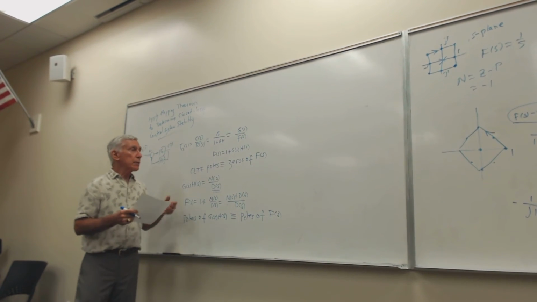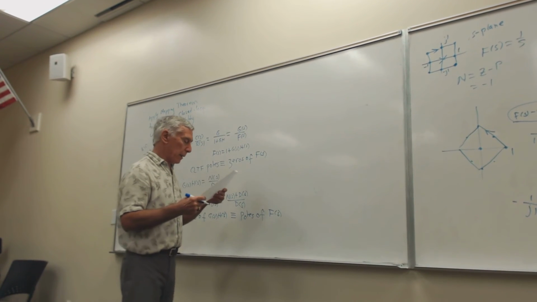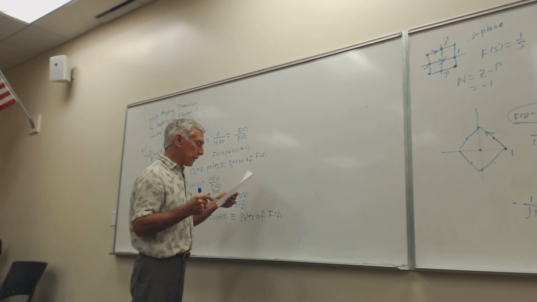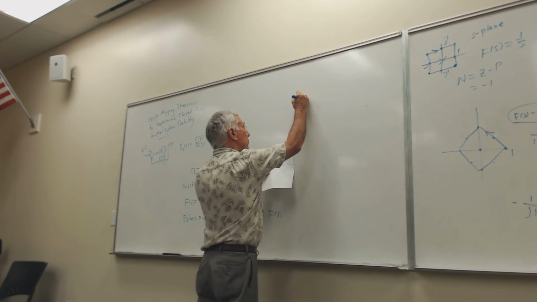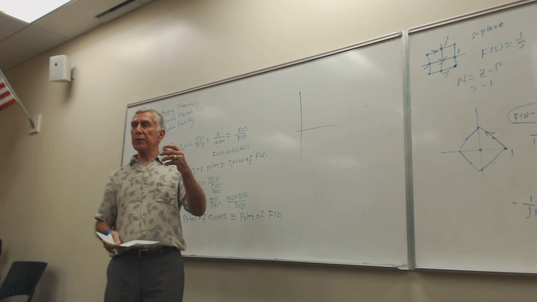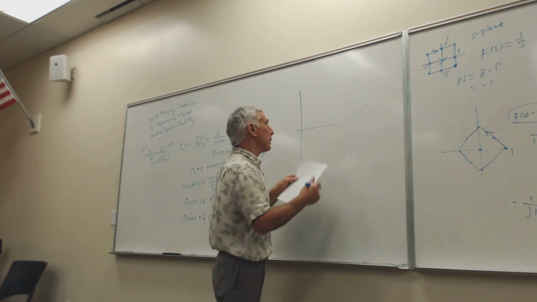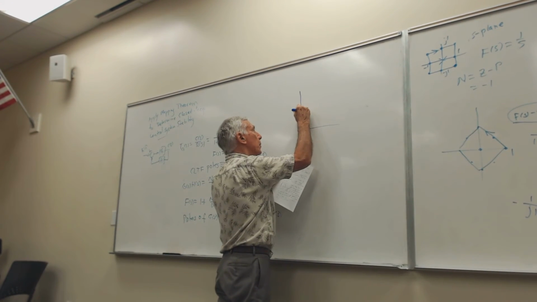Okay. So now let's apply the Cauchy principle, the mapping theorem, here. The S-plane contour of interest as far as closed loop system stability is concerned is the one that I've shown there, and we draw it here.